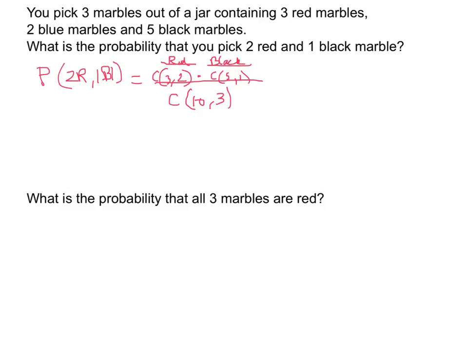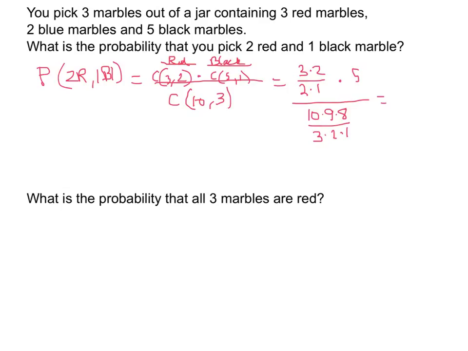Let's go through the math just so that we can make sure we have it figured out. The combination of 3 things taken 2 at a time is 3 times 2 over 2 times 1. And the combination of 5 things taken 1 at a time is just 5. The combination of 10 things taken 3 at a time looks like 10 times 9 times 8 over 3 times 2 times 1.